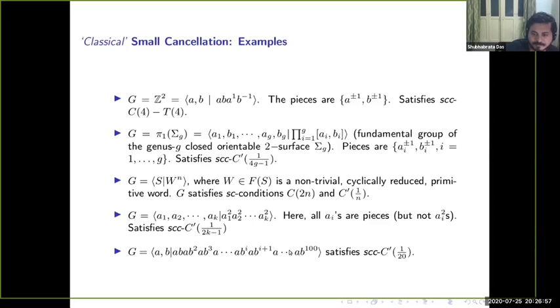You will find a b^99 a here and b^98 here, and you can see the pieces there of the form b^i a b^(i+1), and then you also have the b^i's as pieces. So you can calculate that the pieces are less than 1/20th of the length of the relator.